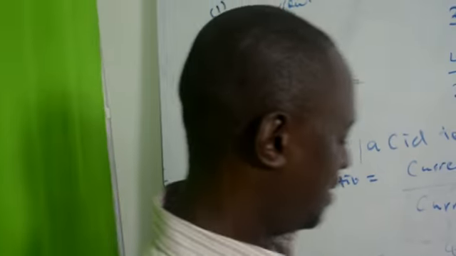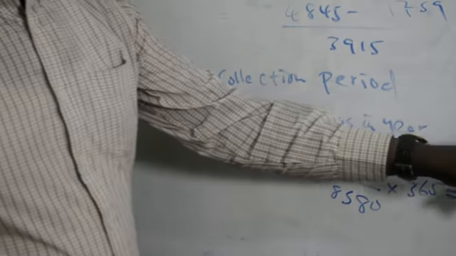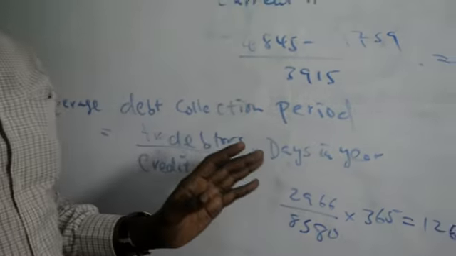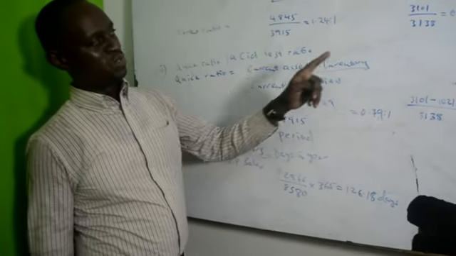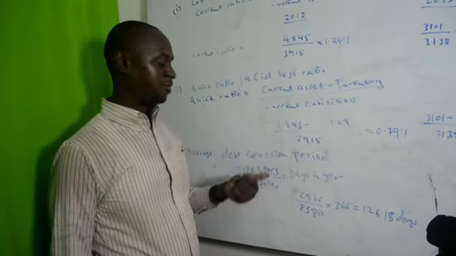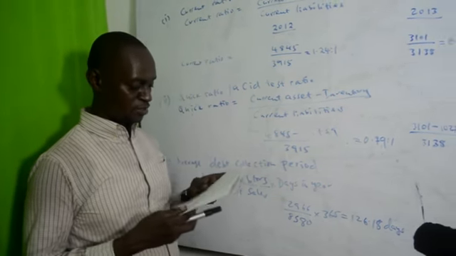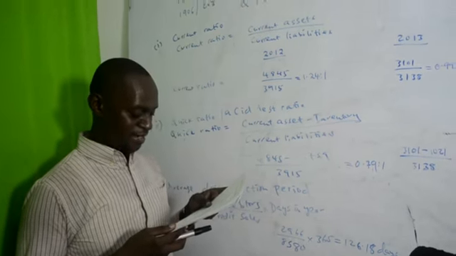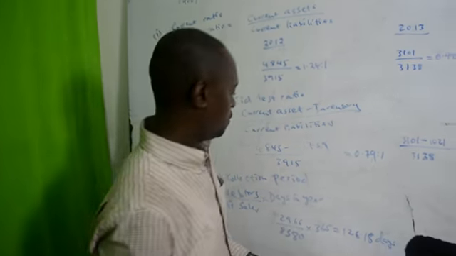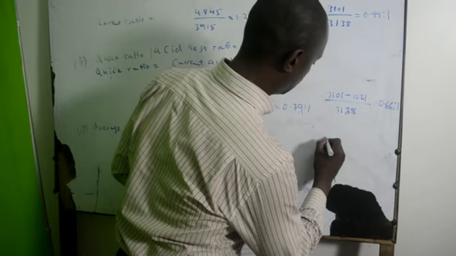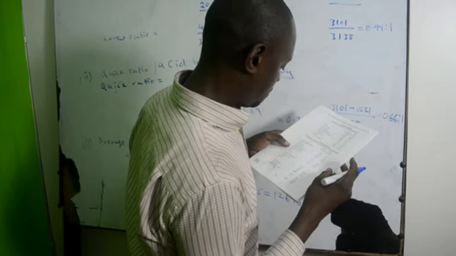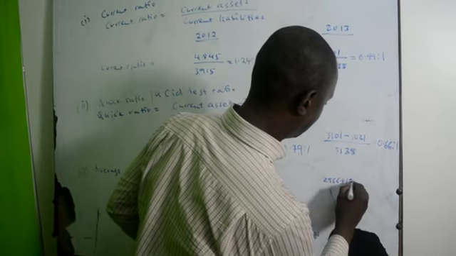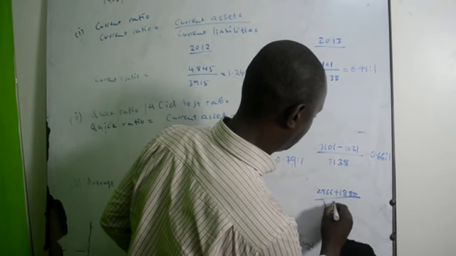Now remember the formula says average debtors. So for the year 2013, remember we have now the opening debtors. The opening debtors for the year 2013 are the closing debtors for the year 2012, which in this case were 2966. So here we are going to have 2966 plus 1880, divided by 2.